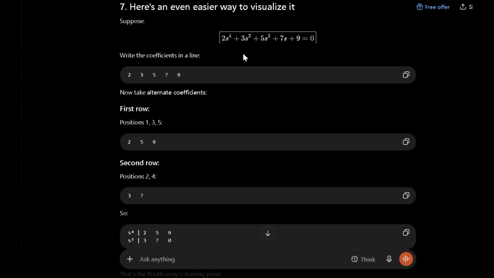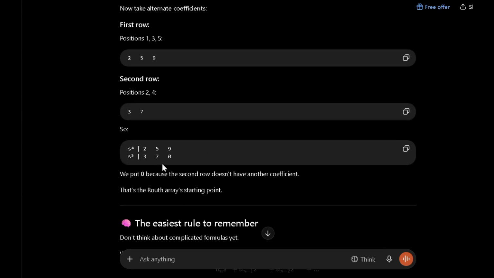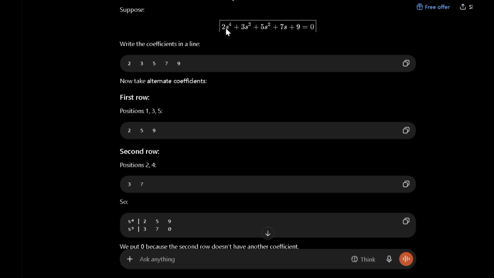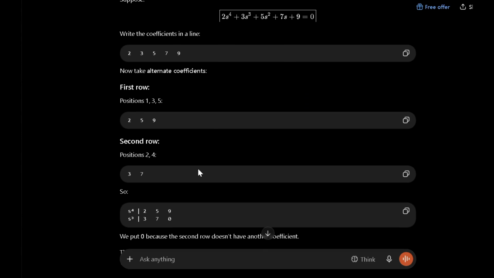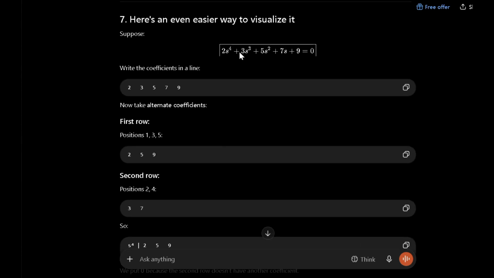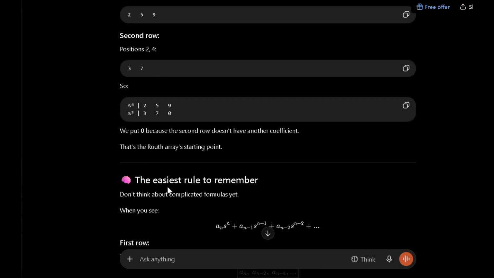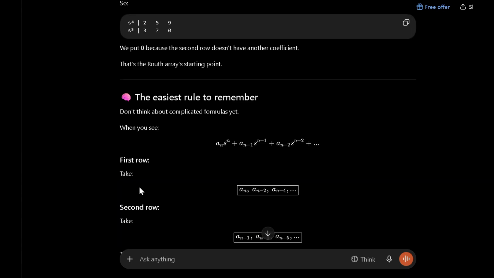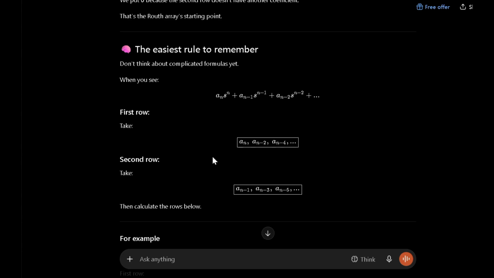So S power 4 is 2, 5, 9. S power 3 is 3, 7, 0. We put 0 because the second row doesn't have a third element. The easiest way to remember. I understand. For example, I understand the question.